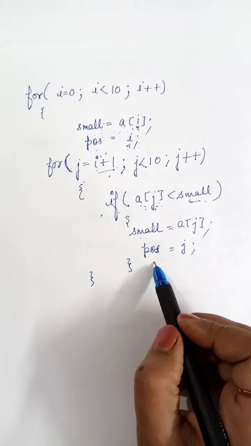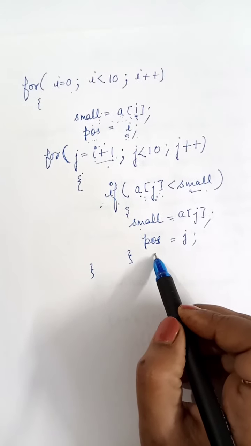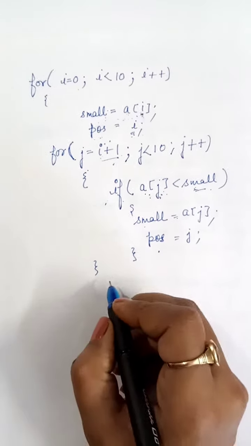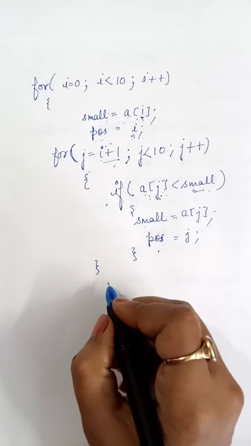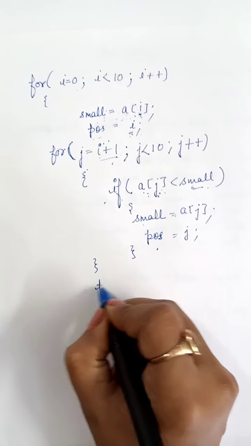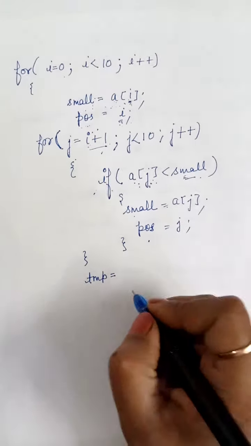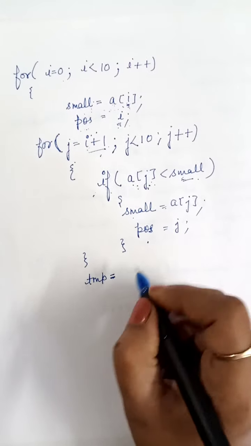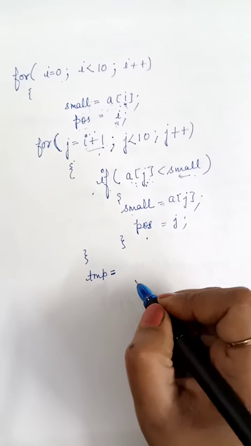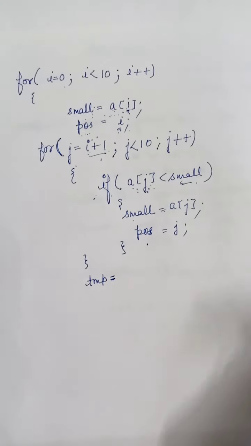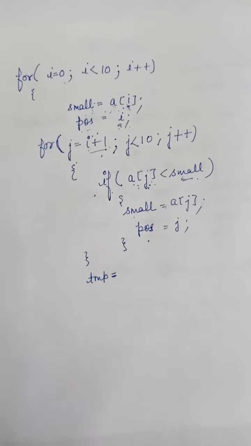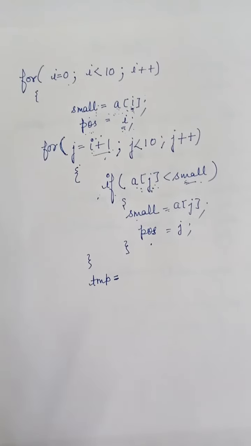Now we have to interchange the values of A of I and the smallest. For that I have taken a third variable, a temporary variable, to store the value temporarily. If we perform swapping, we need to store the value within a third variable.